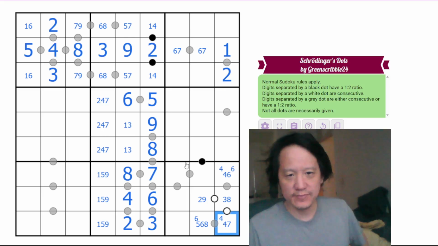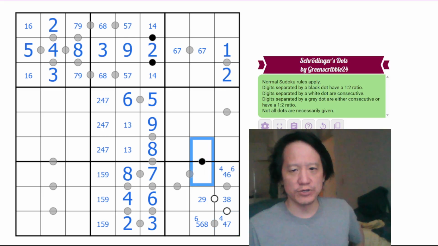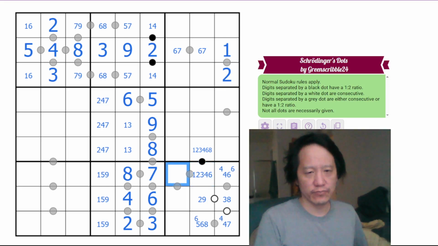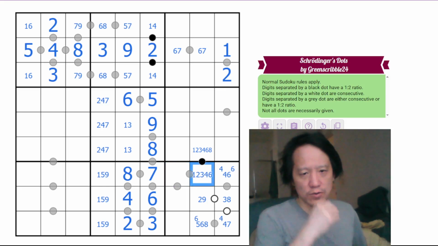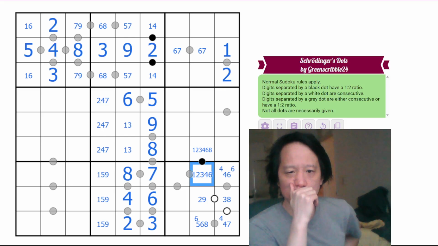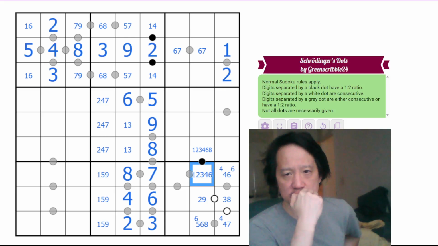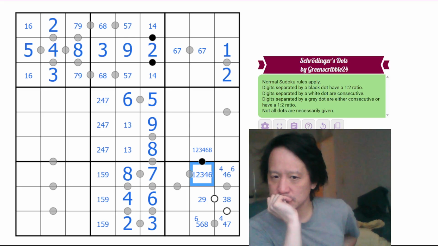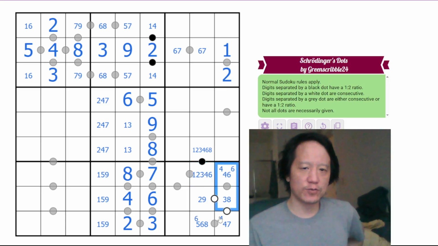Digits in a 1 to 2 ratio can only be 1, 2, 3, 4, 6, 8. This can't be 8 because of the 8 in the row. We're guaranteed a 4 here.